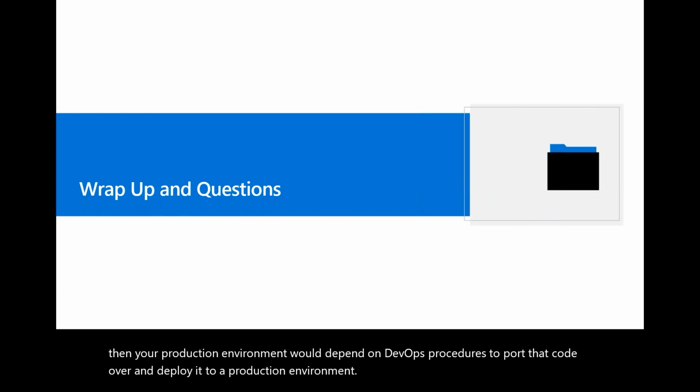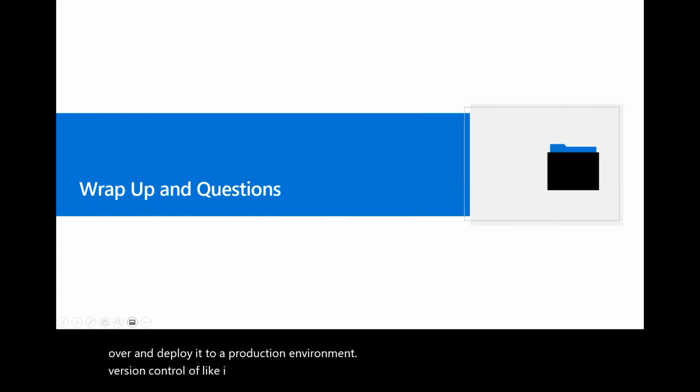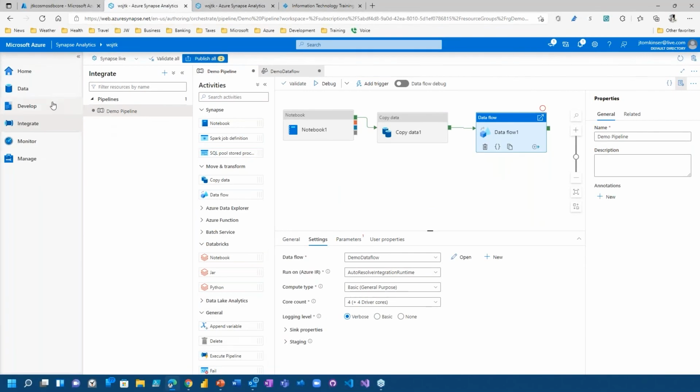Version control, like was asked earlier, would need to be supported with, let me see if they've moved that. See if I go back up here to develop. Where'd it go?